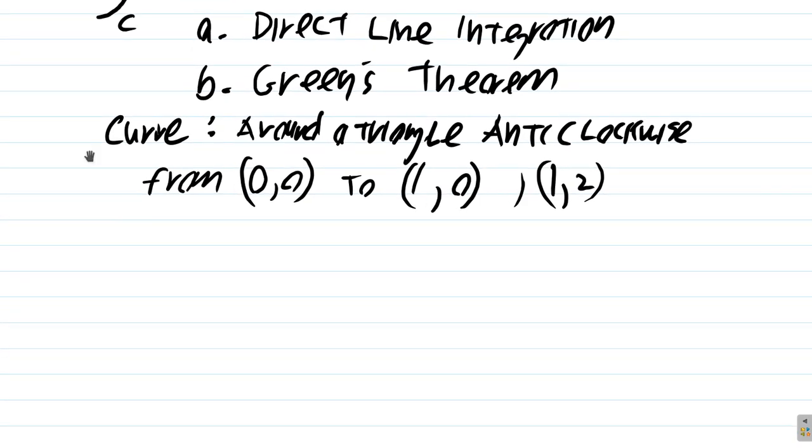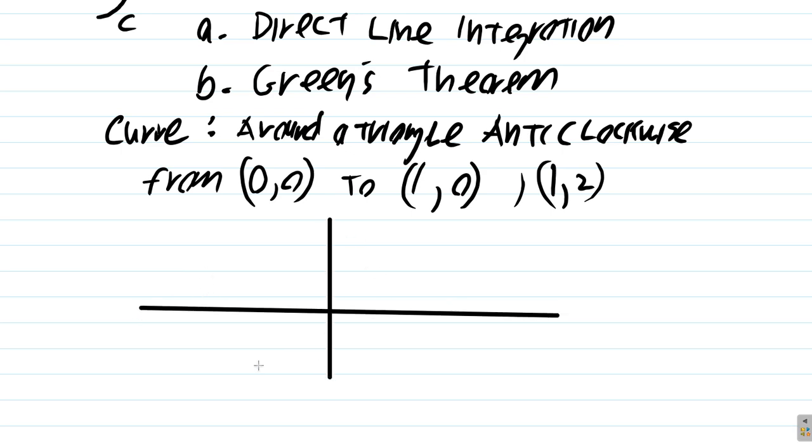So let's do a little sketch of that shape. If we have our x and y axis, let's put our x and y axis. This triangle would be from 0, 0 to, let me draw straight lines.